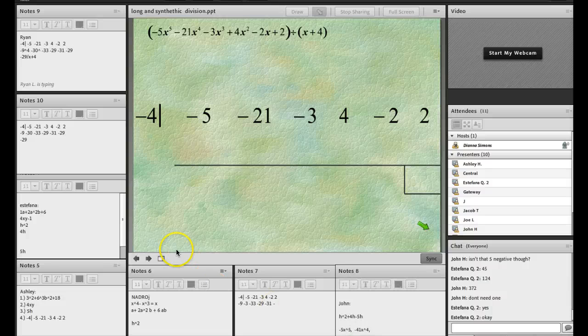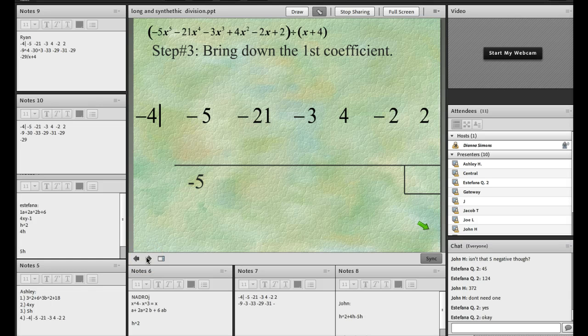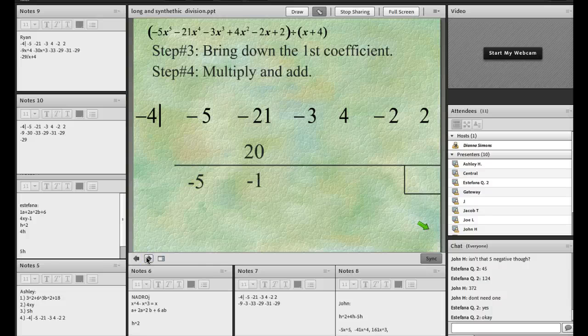Okay, you ready? I'm just going to start. Bring down the first coefficient. Okay, what's negative 4 times negative 5? 20. It's negative 21 plus 20. Negative 1.